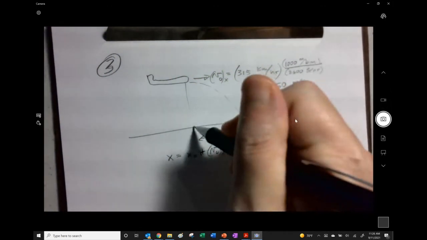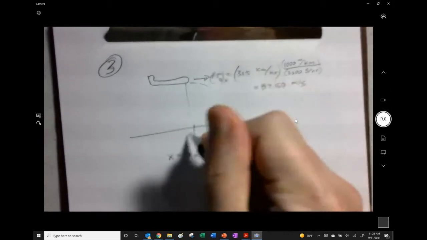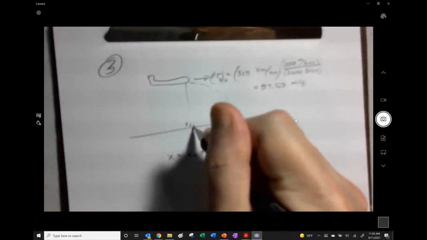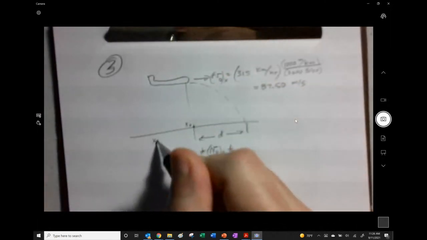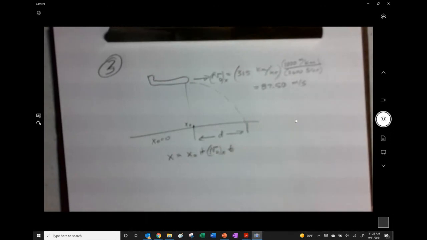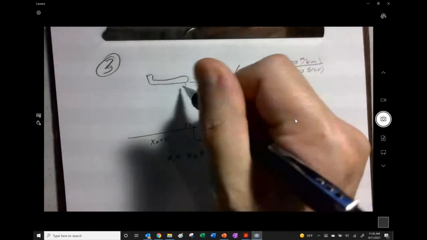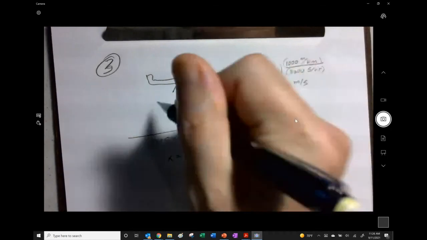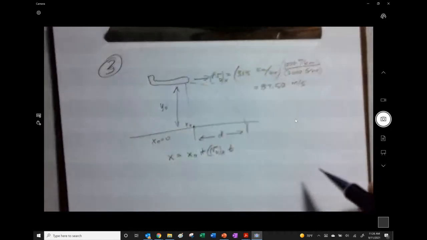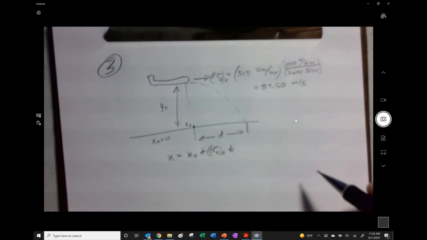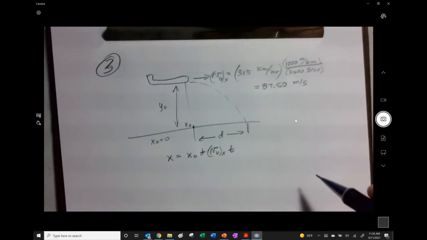Well, we could do the same kind of thing that we did before. We could establish that this is where x0 is going to be. We'll set x0 equal to 0. And this distance right here will be y0, and they told us that it was 80 meters.